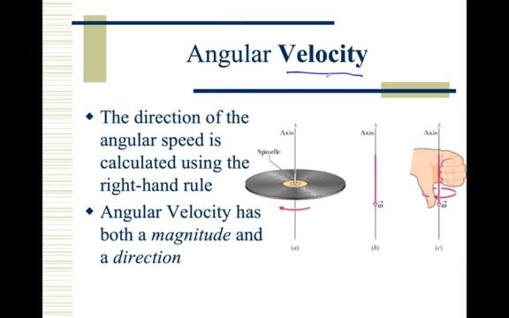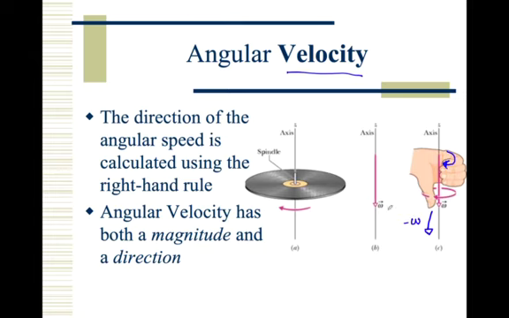Here's how it works. If you take your right hand, and it's got to be your right hand, and curve your fingers in the direction of the rotation, your thumb points in the direction of the angular velocity, which in this case is straight down.